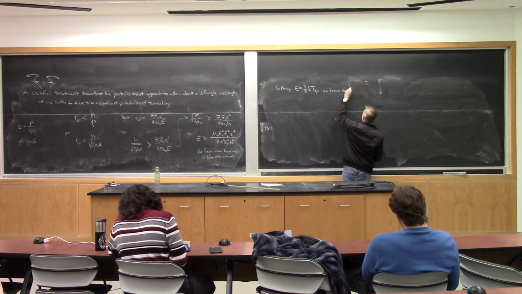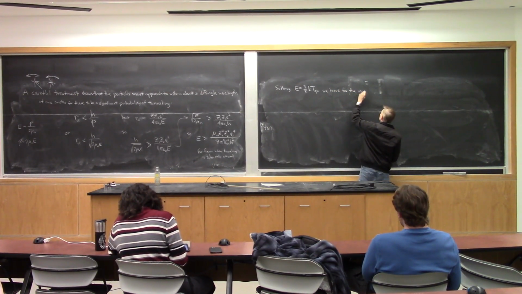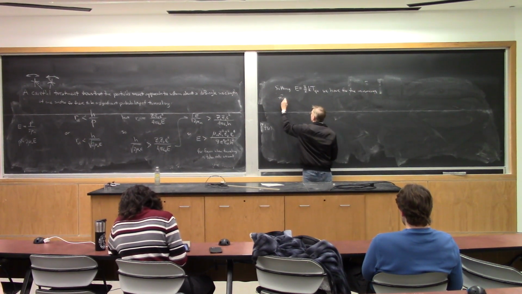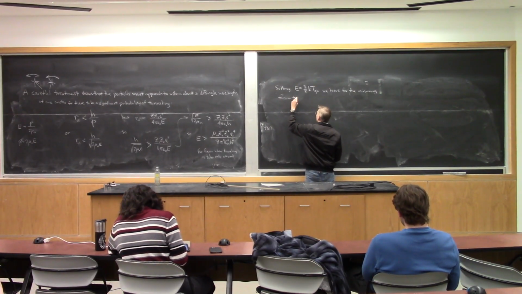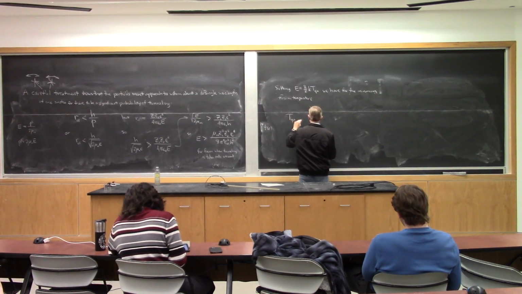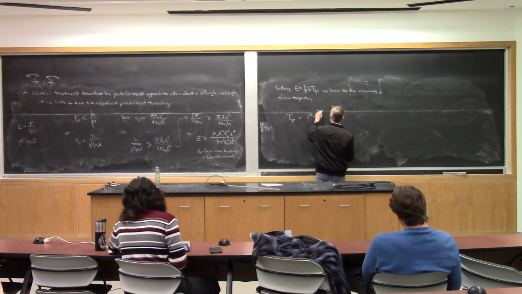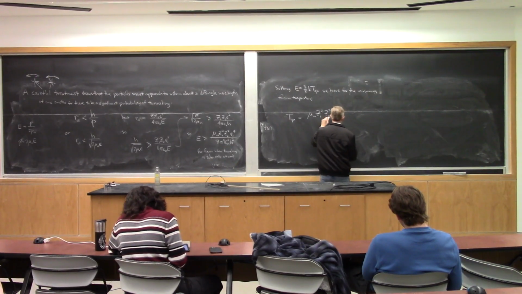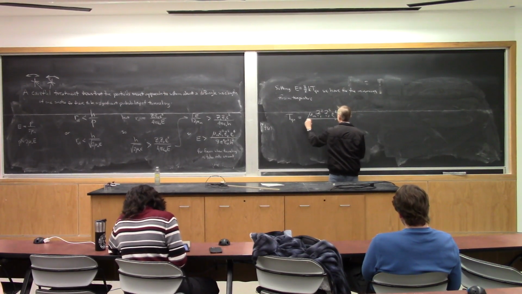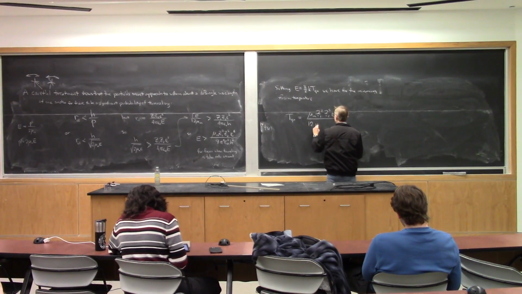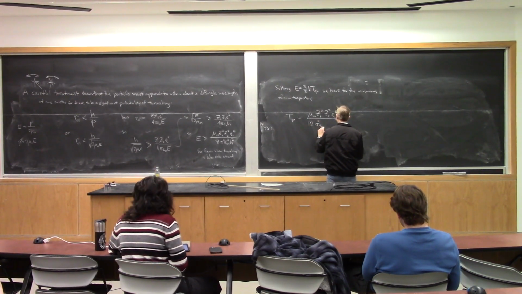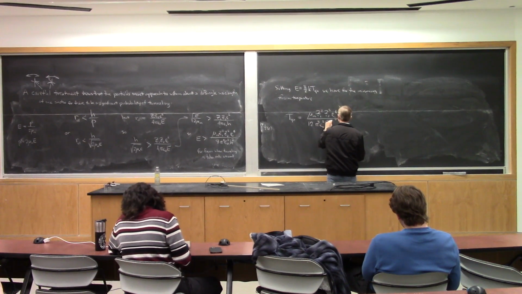We have for the minimum fusion temperature, T quantum equals mu Z1 squared Z2 squared e to the 4th power over 12 pi squared epsilon naught squared h squared k.